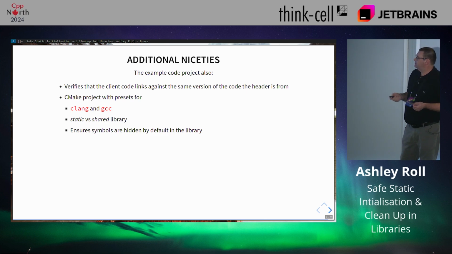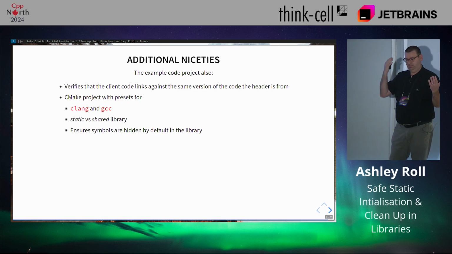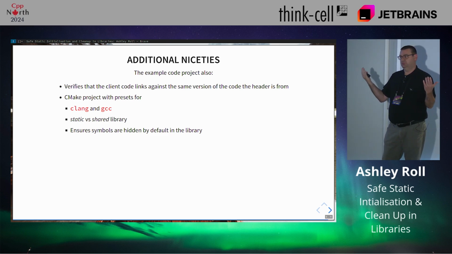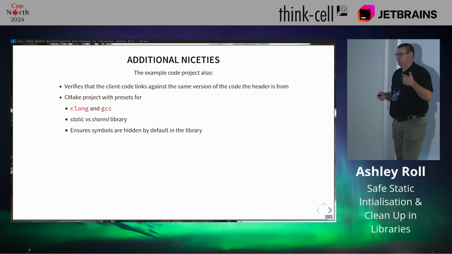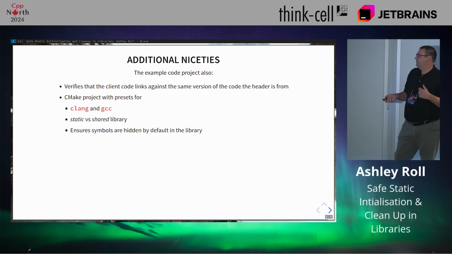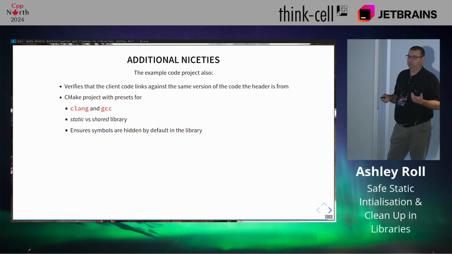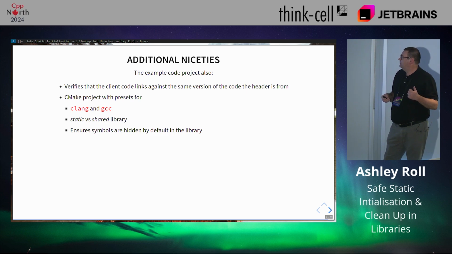Other things in the project you can look for: I've got a bit of code that verifies that the header file and the library you're talking to, maybe if it's dynamically linked, are actually from the same version of the code. So just a little helper for that. And it's a little CMake project that does Clang, GCC, static, and dynamic shared libraries as part of the output.